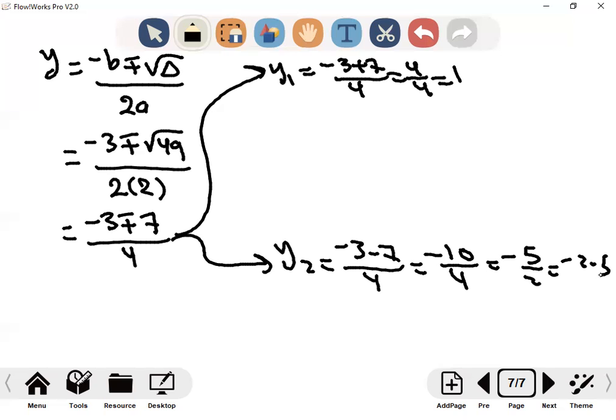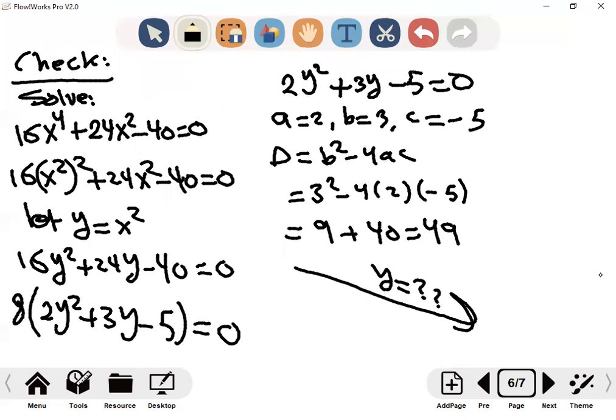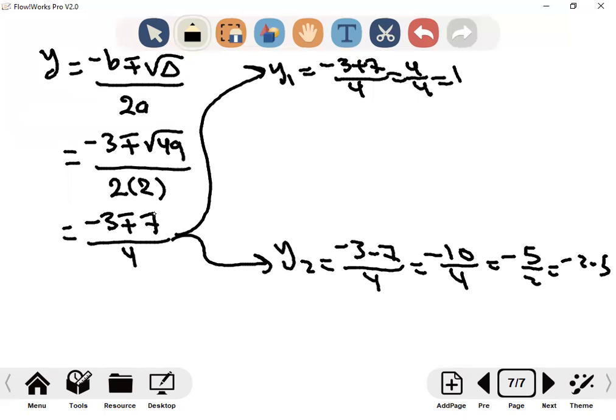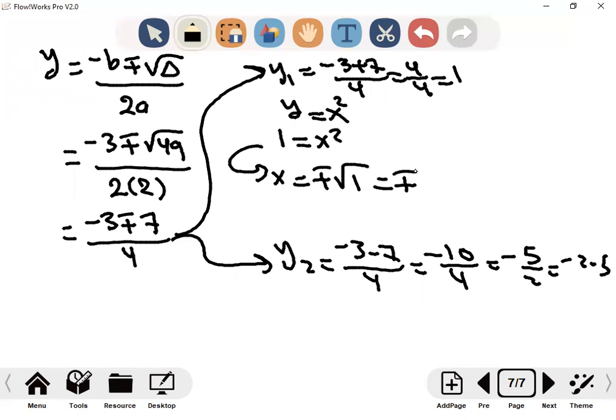I found y, but I need what? X. Now I have this. Now I will use it again. But y is how much? Now replace y by what? 1. 1 equal x power 2. So x will be what? Plus minus square root of 1, which is plus minus 1. So x equal plus minus 1. This is the first part.